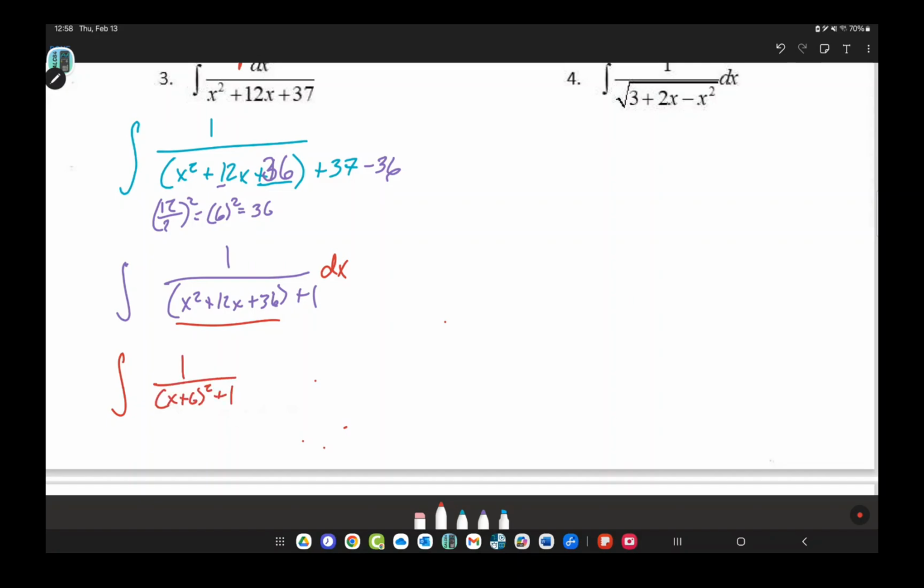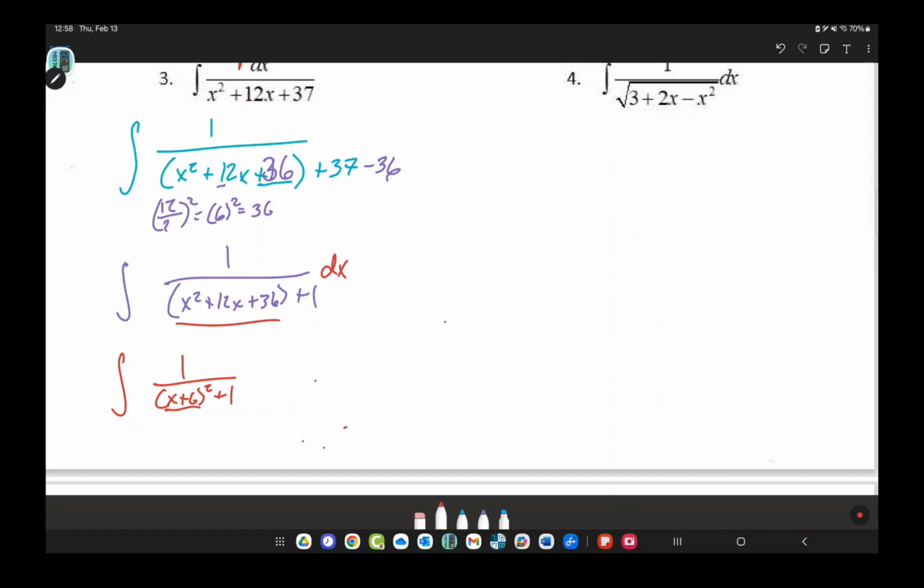All right. And again, you could use substitution, but you don't have to, because what's the derivative of x plus 6? Just 1. When do we know we need to use substitution? When there's a chain. If the derivative of what's inside my function is anything other than 1, then I need to use substitution.